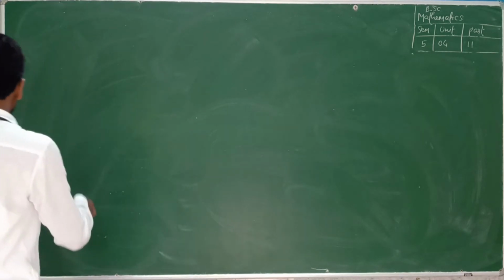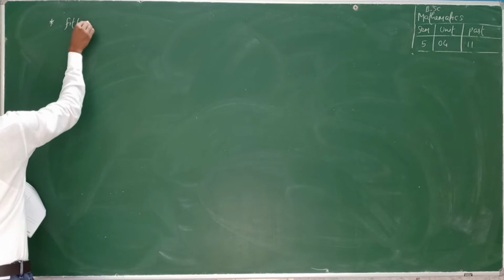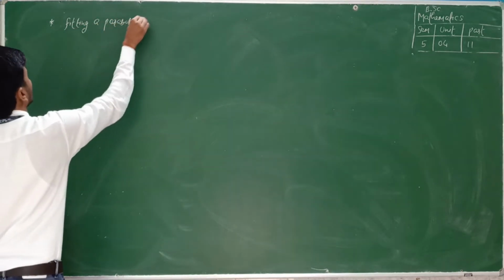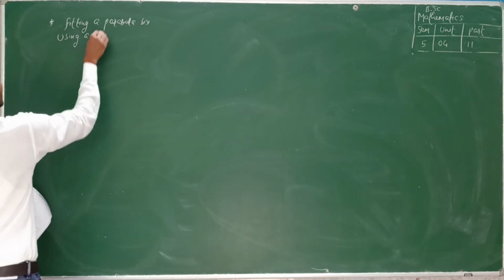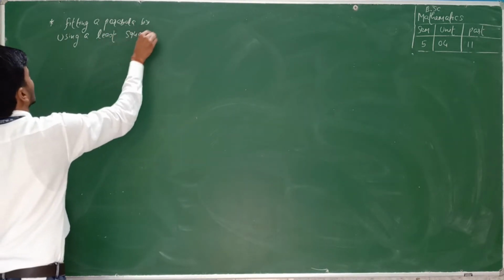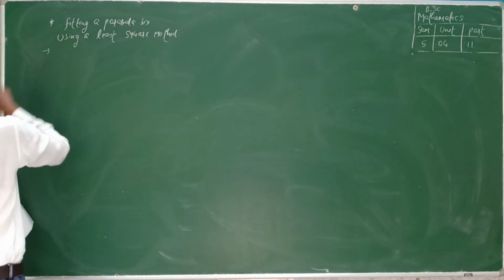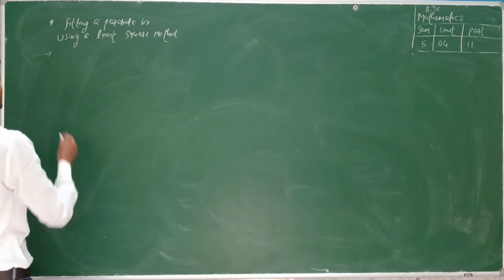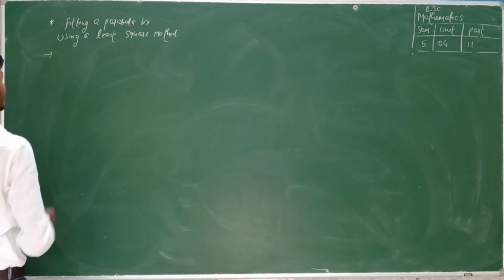So now we discuss how to fit a parabolic equation, fitting a parabola, by using the least square method. Same as in the previous lecture, where we discussed how to fit a straight line.